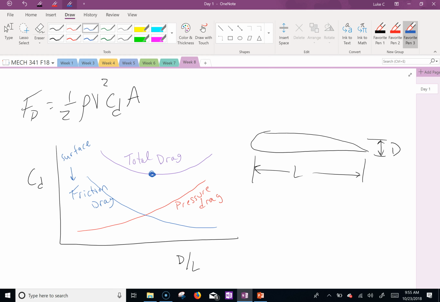CD values are found right in your book. Let me get to the page to show you. So page 619, chapter 11, tables 11.1, 11.2, 11.3.